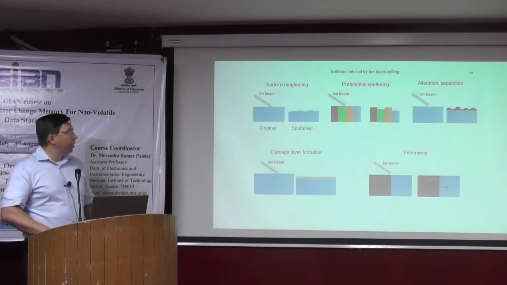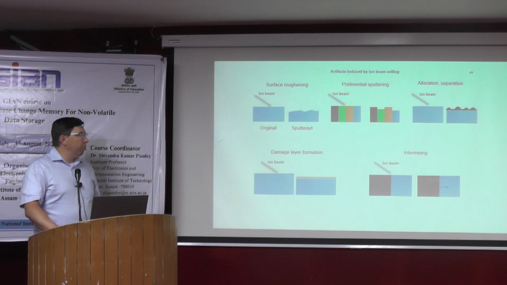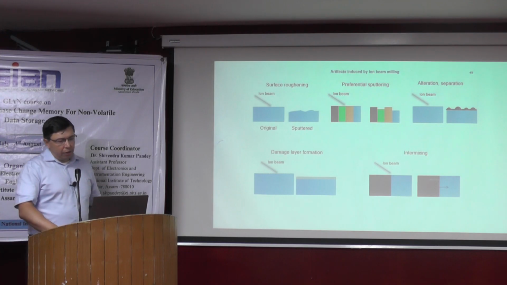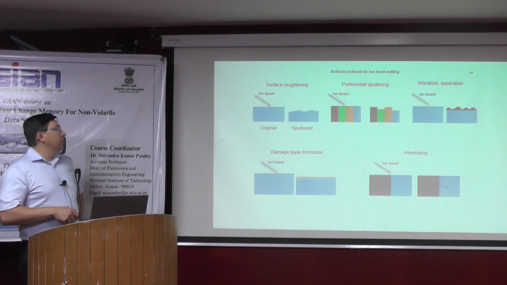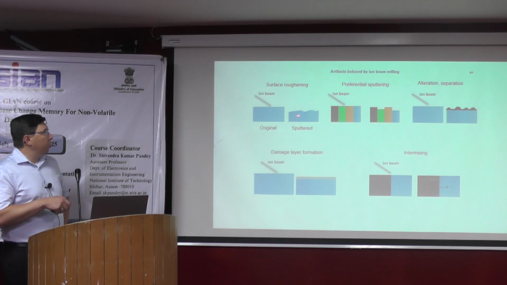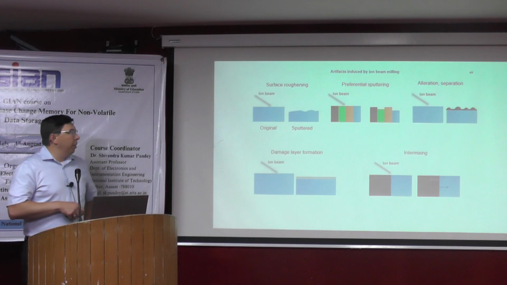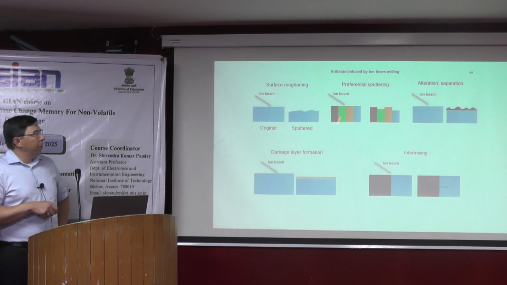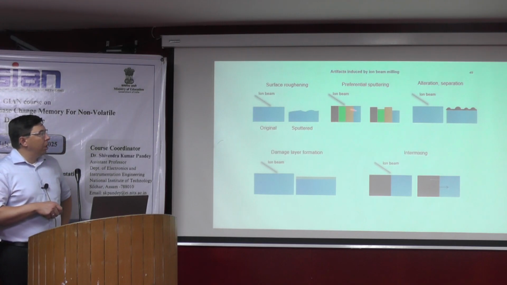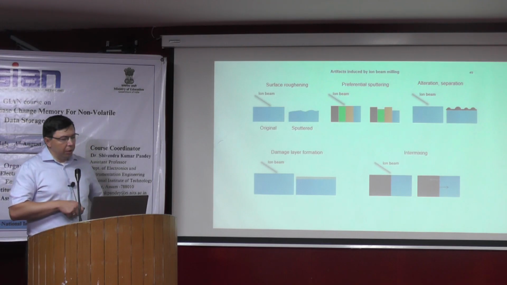So more on the artifacts which can be caused by ion beam milling. First we know about the surface roughening. Before ion beam, if your surface is flat, you introduce some roughness to the surface after the sputtering. Then if you have a multi-phase system, you might have preferential sputtering.